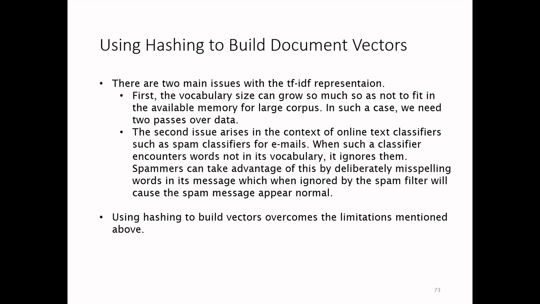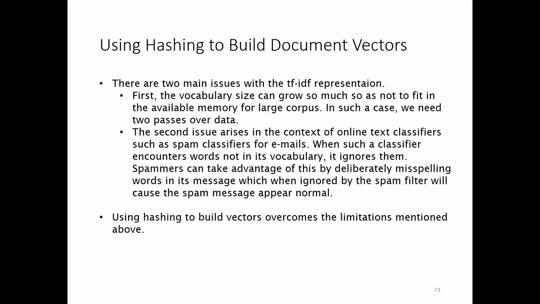Number two, the text classifiers that are typically built using TF-IDF representation. For example, all of you are familiar with, I think, spam. In your email system, you have a spam folder. That spam folder is actually nothing but a text classifier. What your email system does is that when an email comes in, it is fed to the text classifier.